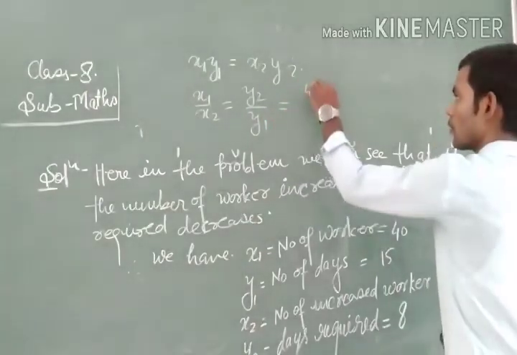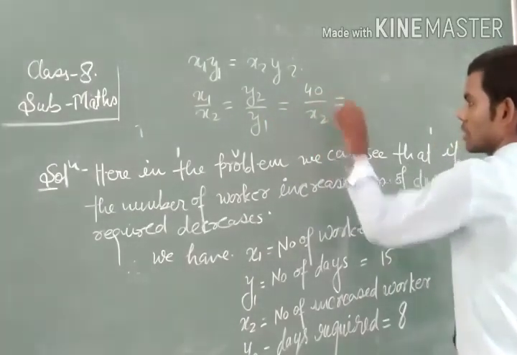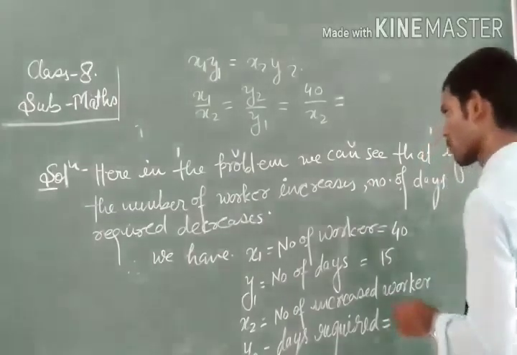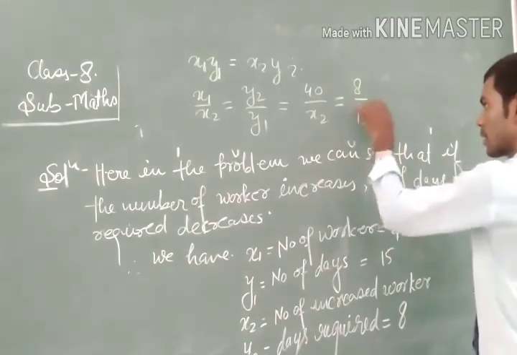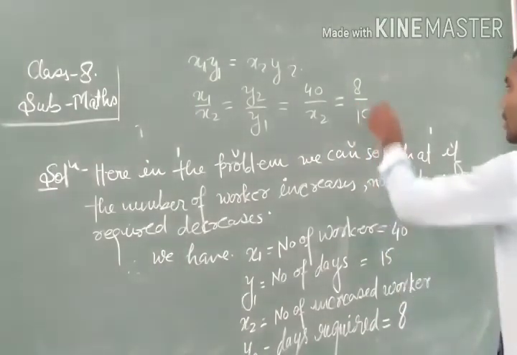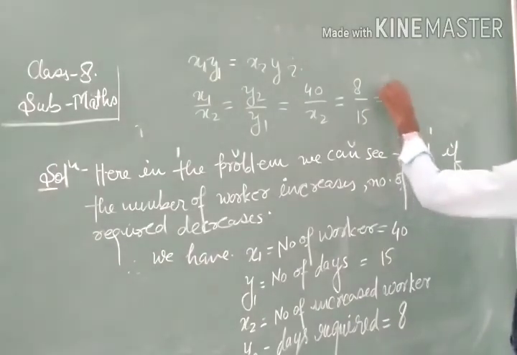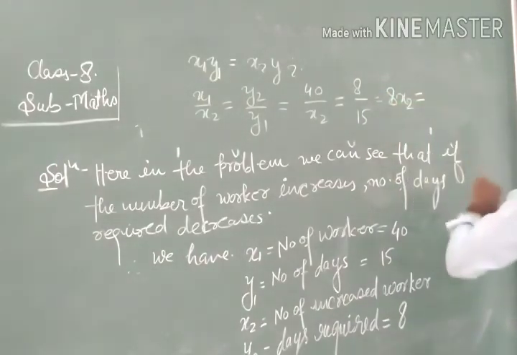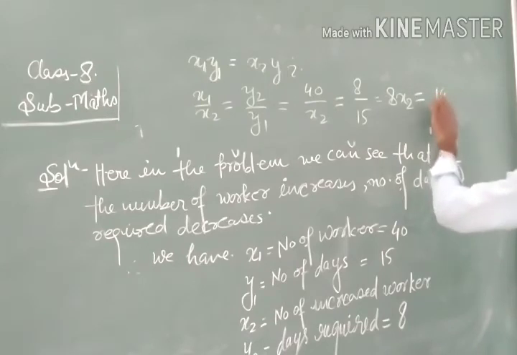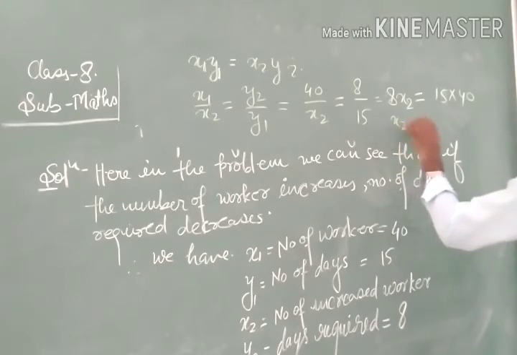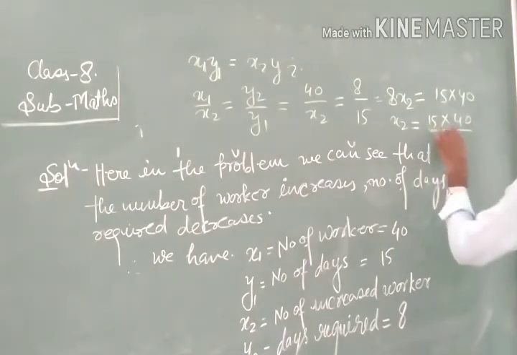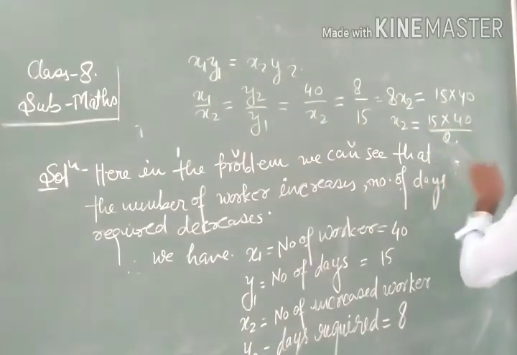So we write here 40 upon x2 is equal to the value of y2, 8 upon 15, and here we get 8 x2 is equal to 15 multiplied by 40, or x2 is equal to 15 multiplied by 40 upon 8.